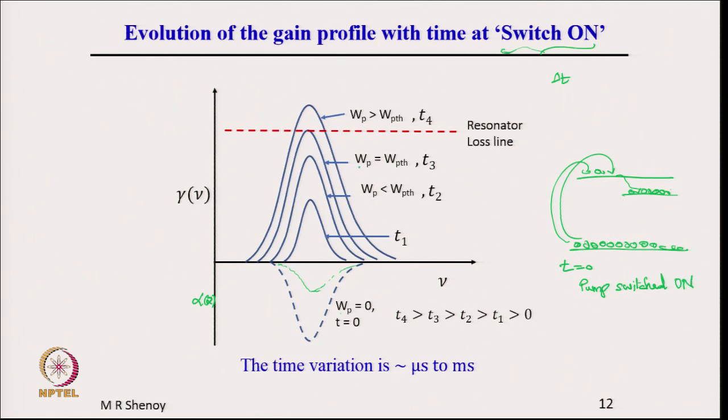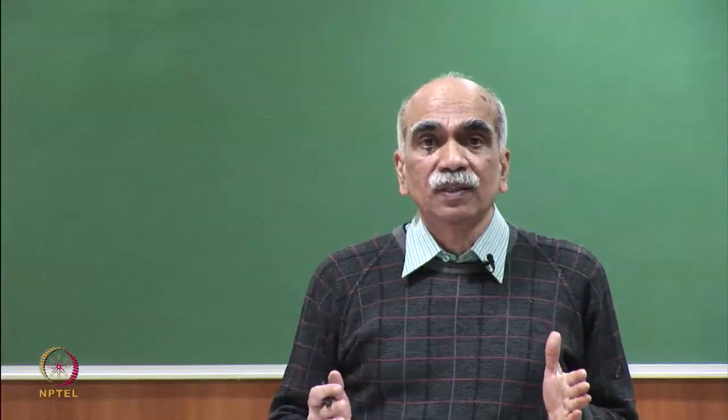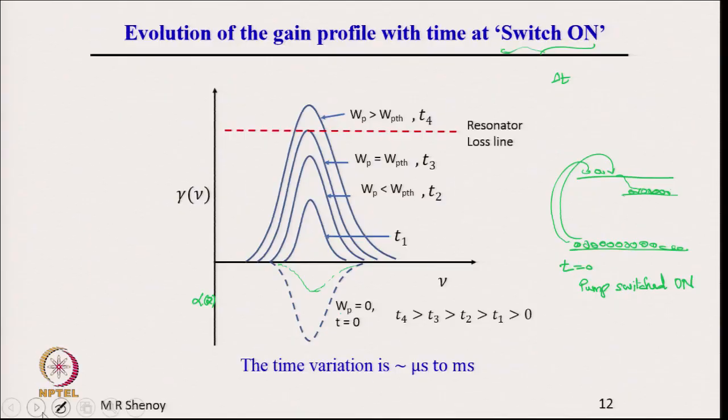Now, at some point it reaches the threshold value, and then instantaneously it would cross the threshold value, and the gain would increase beyond it, but we will see that subsequently this will be pulled down. This discussion we will take in the next class. But now what I want to show is, when this happens, how does the laser intensity build up inside the cavity. That is the laser dynamics which I will discuss in the next slide.